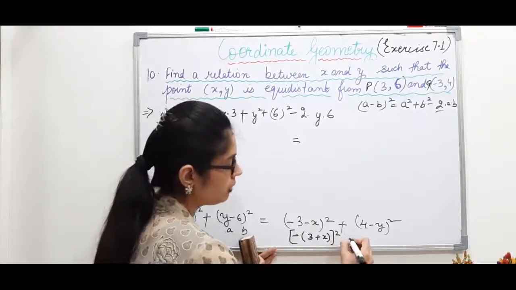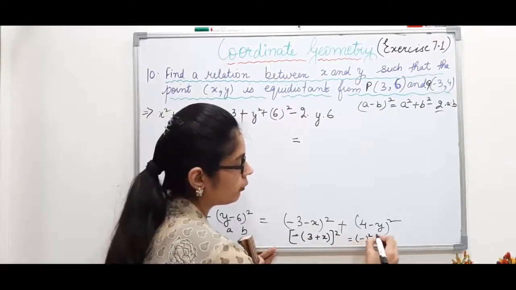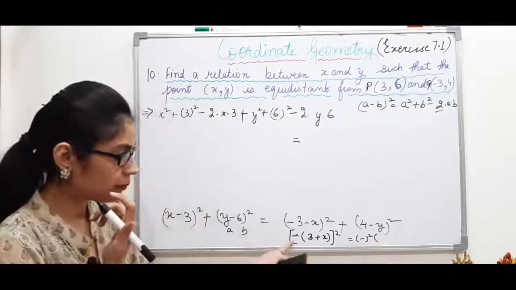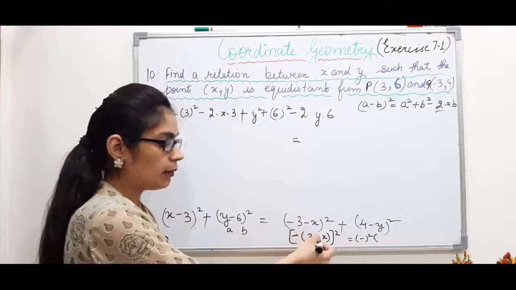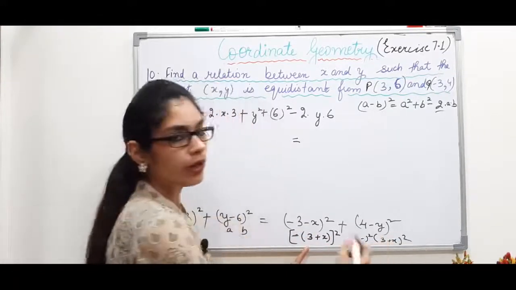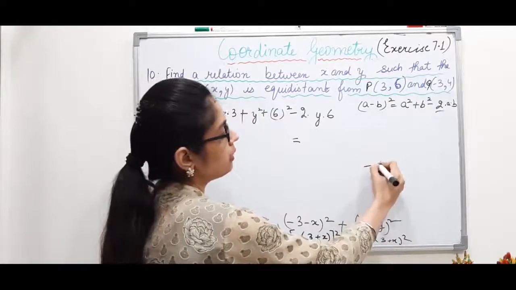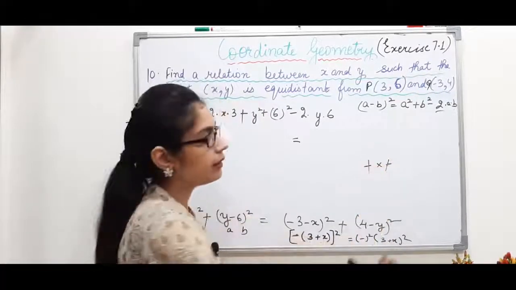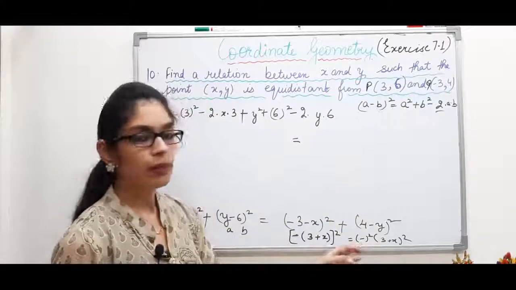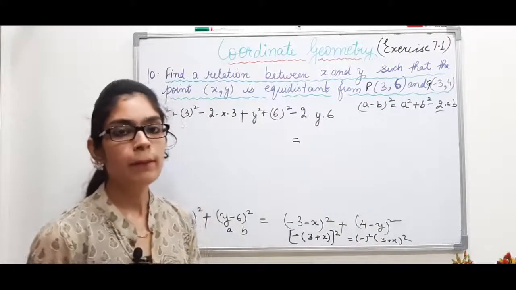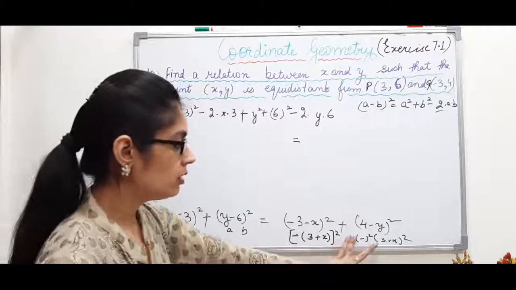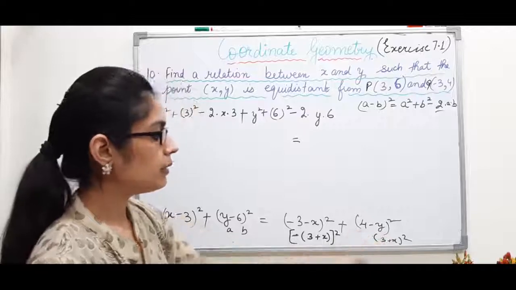Whenever any term is getting multiplied, its square we have to do. Square of minus means minus into minus, the signs get cancelled. You can always remember that the square of a minus sign gives you plus. That's why squares of all negative numbers give positive answers. So directly (3 plus x) whole square.